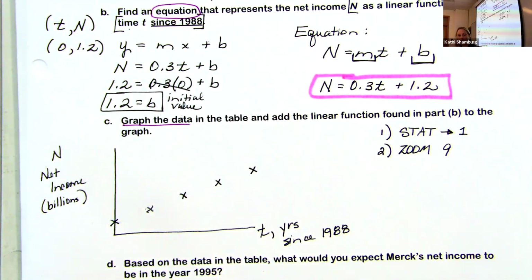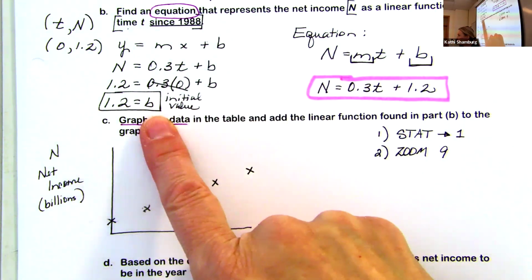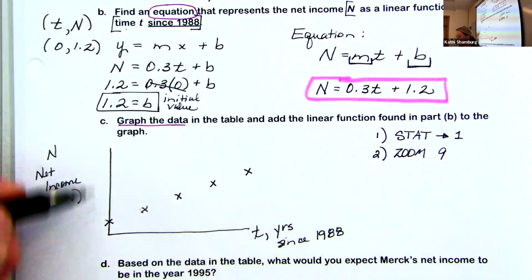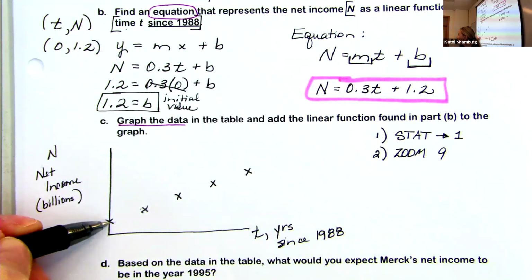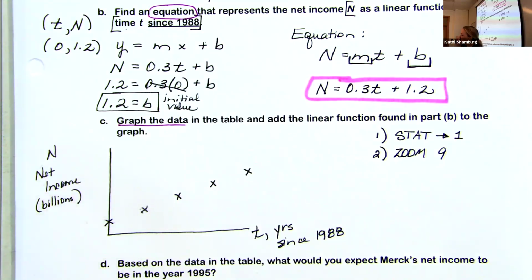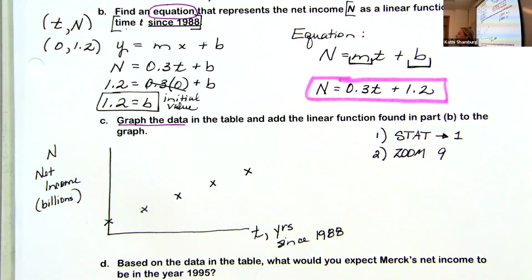Okay, now, one thing before we move on, I want you to notice. The initial value is 1.2, 1.2 billion. Billion is here, right? So if this is 0, it makes sense that it's above. So it's not right in the corner because your initial value is 1.2. So just make sure that you recognize those things and that things make mathematical sense. Okay. All right. Anybody had any trouble? They weren't able to get that scatter plot.